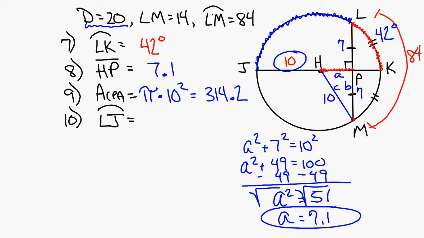Okay? So these two arcs, J to L and L to K, sum to 180 because they go halfway around the circle. So LJ is going to be equal to 180 minus 42. And 180 minus 42 is equal to 138. So arc LJ equals 138 degrees.